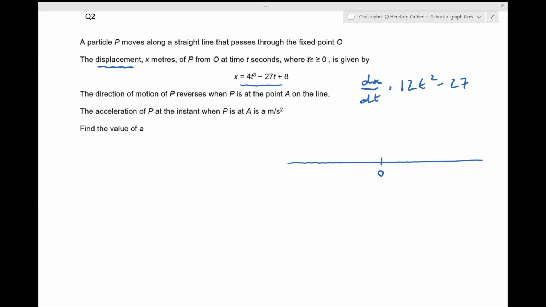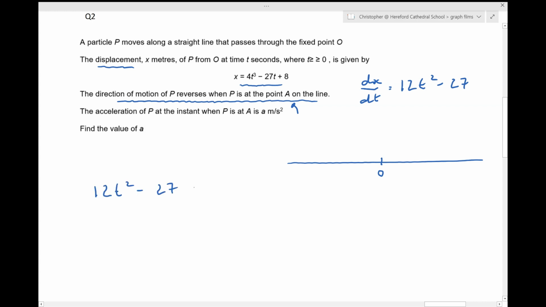Now I suppose sometimes my particle is moving further away from O, and sometimes it's moving closer to O. And look at this. The direction of motion reverses when P is at point A on the line. So I wonder when that happens. At what time does the direction reverse? Well, let's find out when that change in displacement is equal to 0.